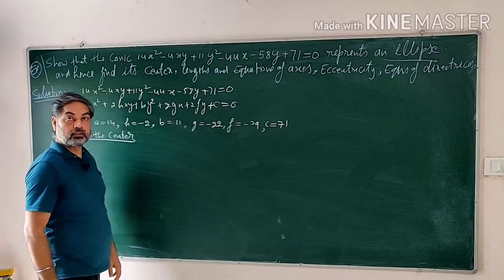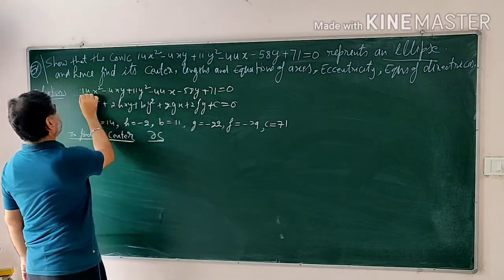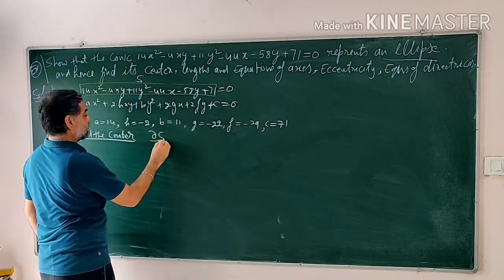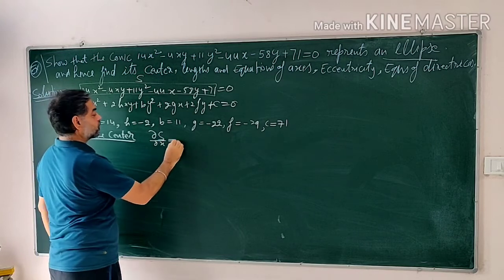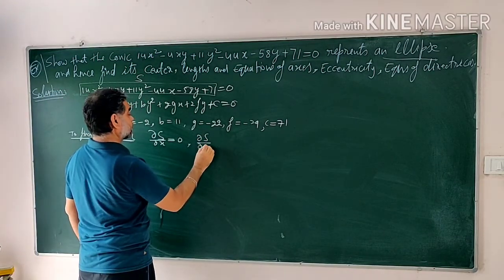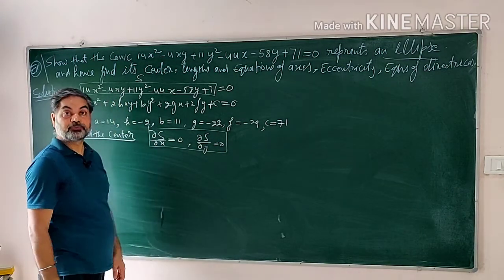To find the center, we solve two equations. Let's call this part of the equation S. Find the partial derivative of S with respect to x, put equal to 0. Find the partial derivative of S with respect to y and put equal to 0, and solve these two equations.